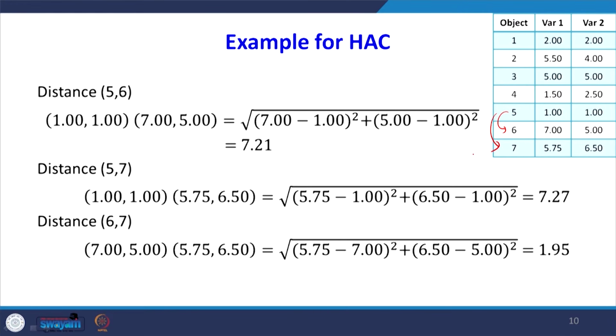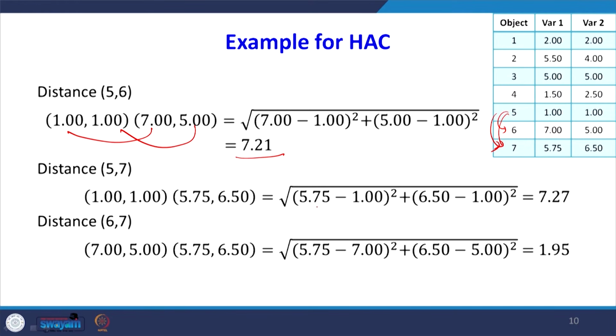So, for the distance between 5 and 6, 1 comma 1 is the position of object 5. For the 6th one, it is 7 comma 5. So, it is (7 minus 1) whole square plus (5 minus 1) whole square, that is 7.21. Now, the distance between 5 and 7, that is 1 comma 1 versus 5.75 comma 6.5.